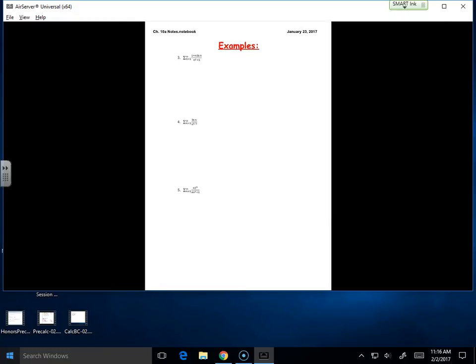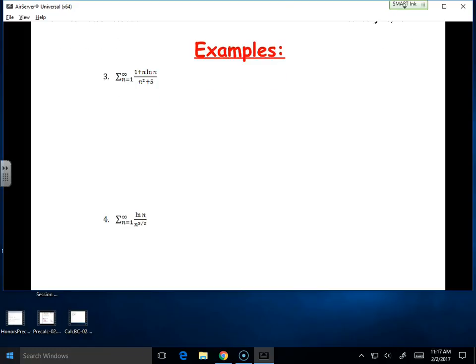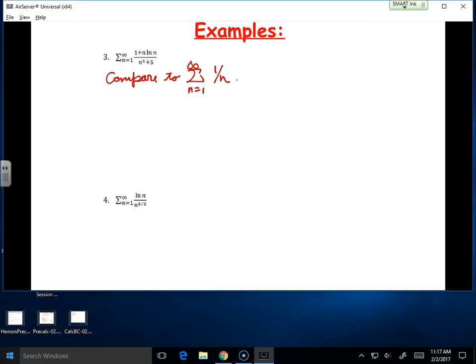Now, back on number 3, they worked, they sweated, they discussed, they argued just a bit. They figured out that they needed to compare to 1 over n. So what happened, kiddos, as you took the limit, as n goes to infinity, of our series over the 1 over n?